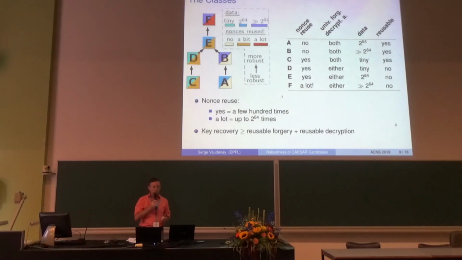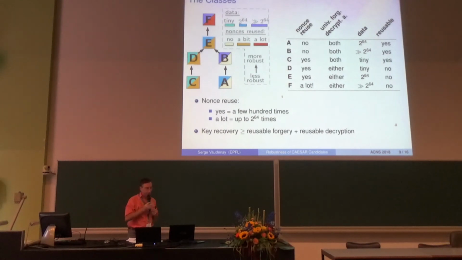So if the nonce repeats, then we can break them. Class A and B are nonce-respecting, so it means that we never repeat a nonce when we try to encrypt. In class A and B, we have attacks which use lots of messages. In class A, we are exactly at the birthday bound, and in class B, we need more data than the birthday bound.